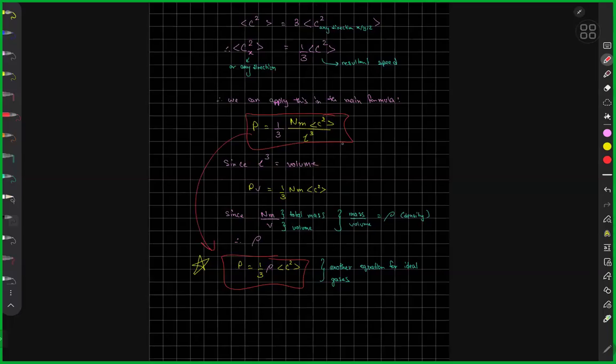But ultimately, this is what I'm getting at: how to describe pressure with respect to these variables. Speed of the particle, number of particles I have, mass of the particle, and the volume I have. Remember, I told you about microscopic properties and macroscopic properties. Why did I do that? There's a reason.